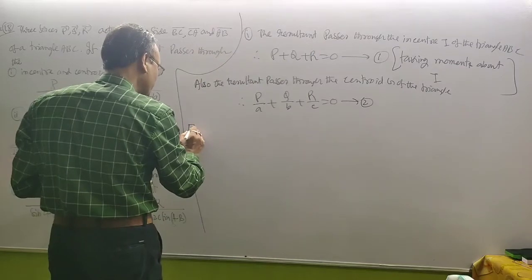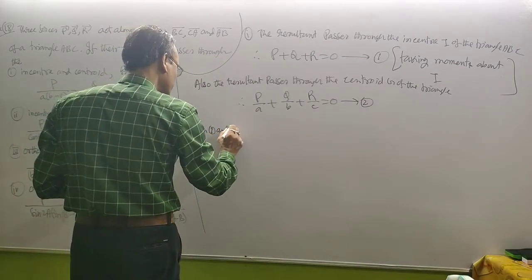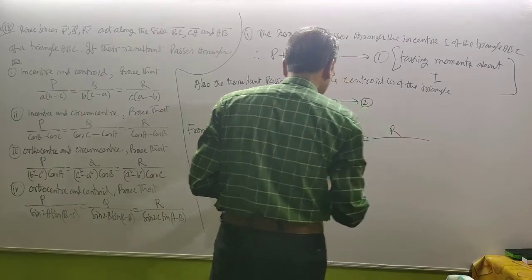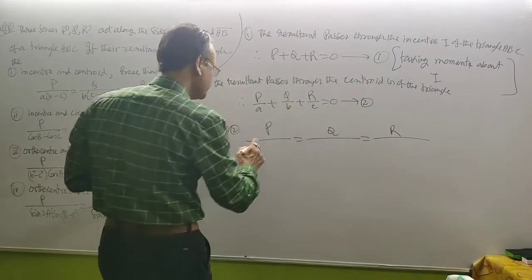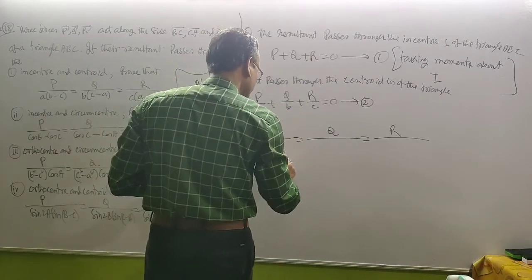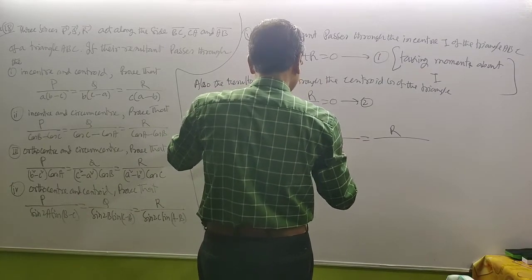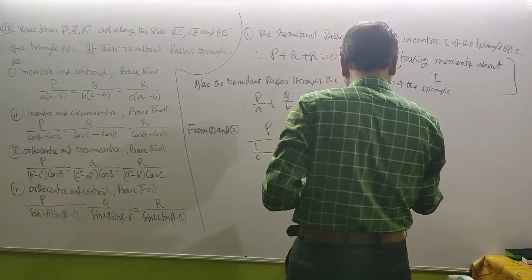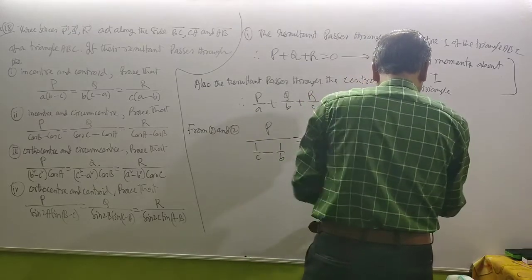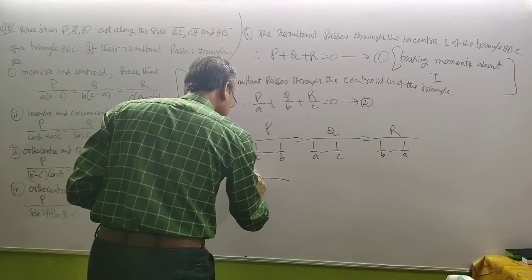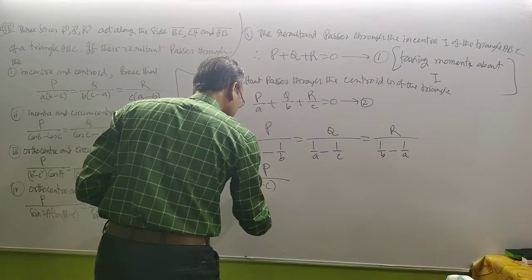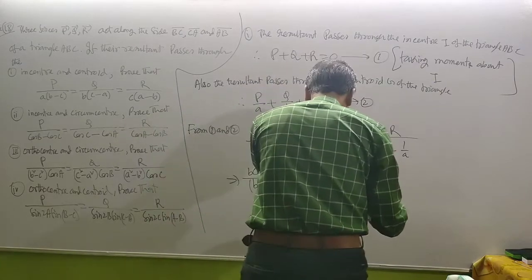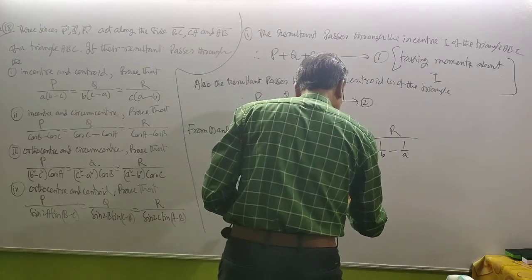Now from 1 and 2, solve. P divided by 1 into 1 by C minus 1 into 1 by B, equal to Q divided by 1 into 1 by A minus 1 into 1 by C, equal to R divided by 1 into 1 by B minus 1 by A. You will get this: BC into P times (B minus C) equals CA into Q times (C minus A) equals AB into R times (A minus B).